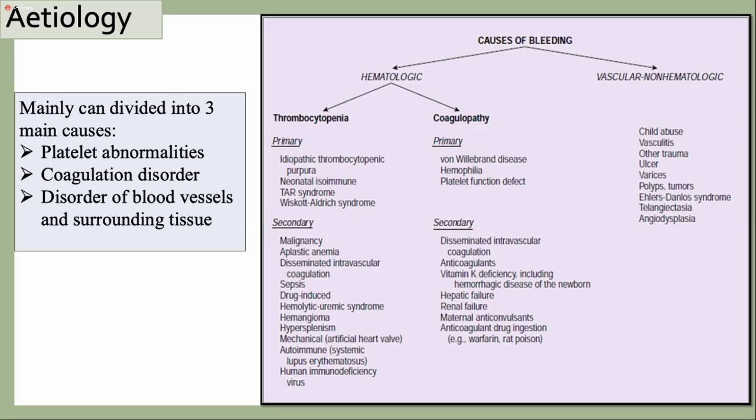Okay, according to Nelson, the causes of bleeding are divided into hematologic and vascular non-hematologic, similar to the causes inside the box. For hematologic, they divide it into thrombocytopenia and coagulopathy. Under thrombocytopenia, there is primary and secondary thrombocytopenia, while for coagulopathy, there is primary and secondary coagulopathy. So next, I will only talk about ITP and hemophilia.